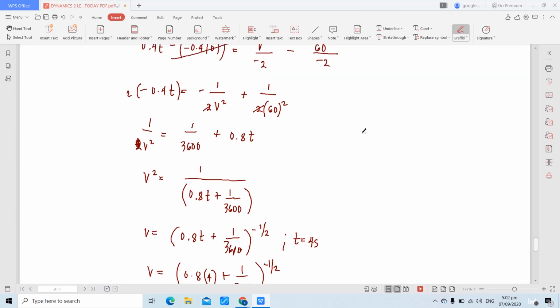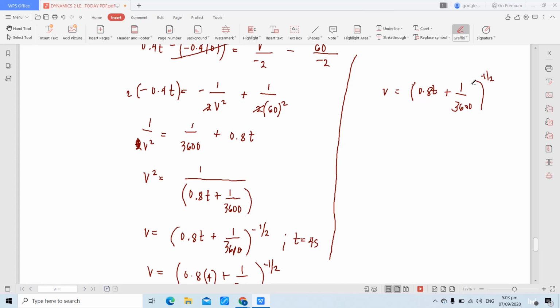So, integrate nyo lang yon. v is equivalent to quantity 0.8 t plus 1 over 3,600 raised to negative 1/2.